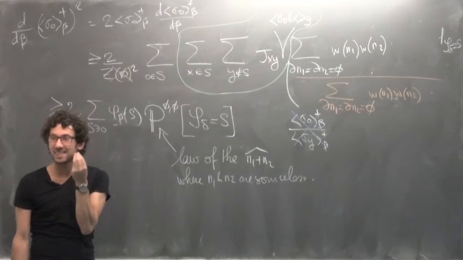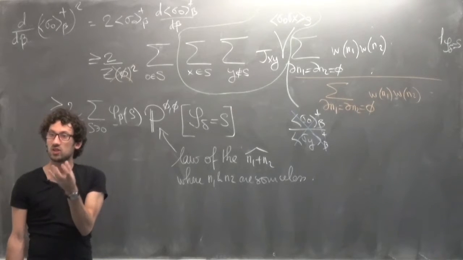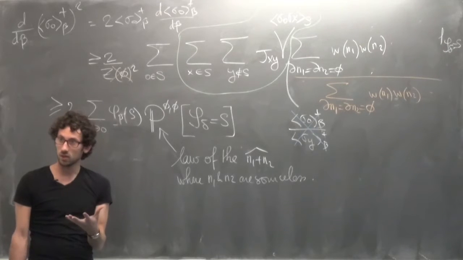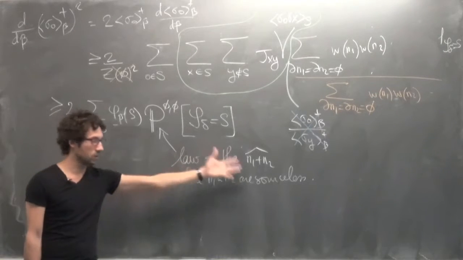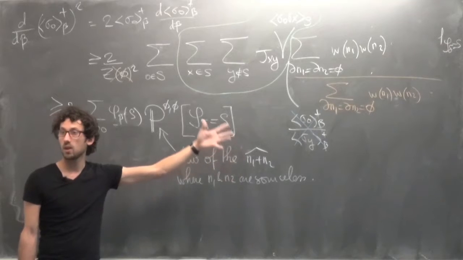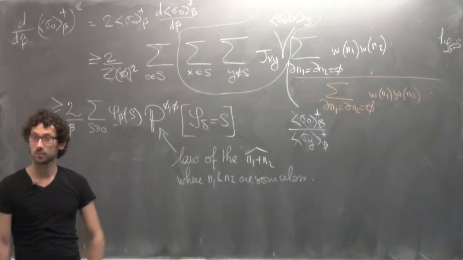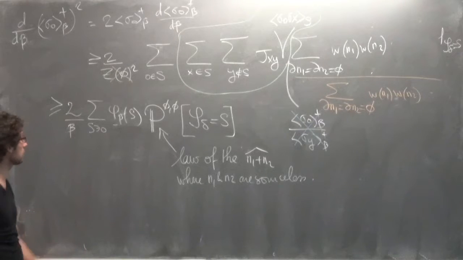So it's really exactly the same structure. It's just that the role played by percolation is played here by the trace of the sum of two sourceless currents. That's all. But that's exactly the same structure.